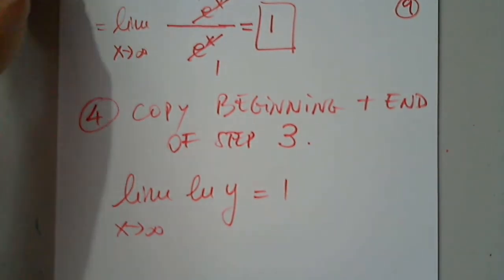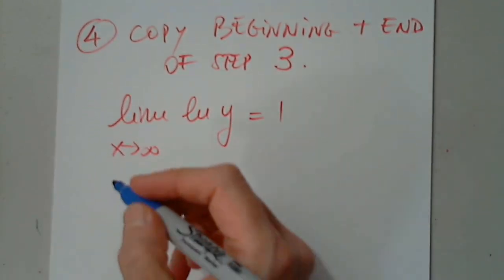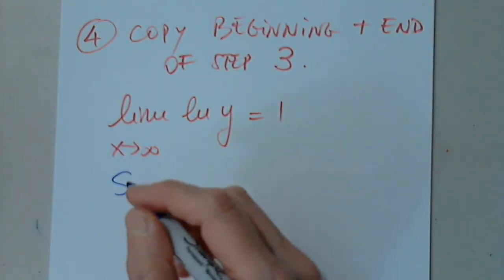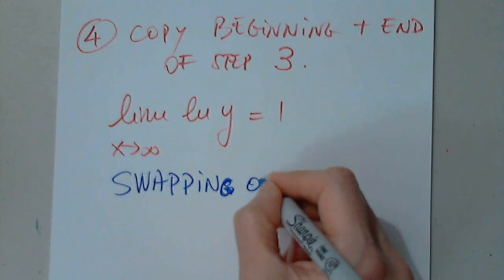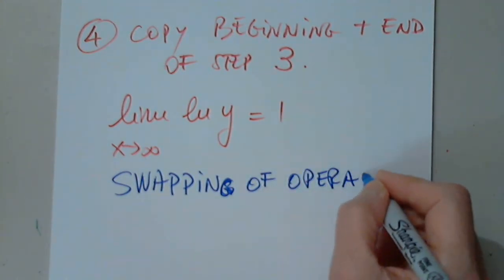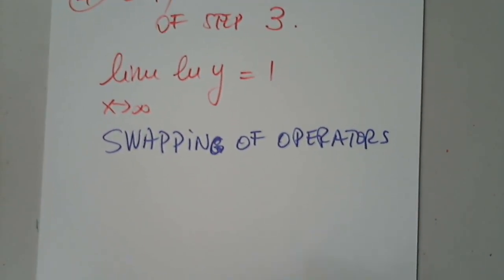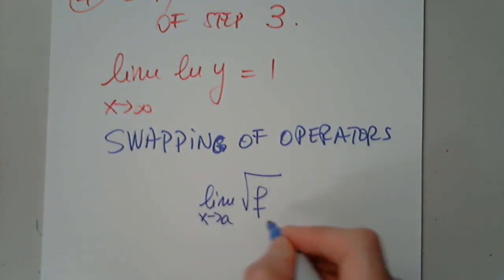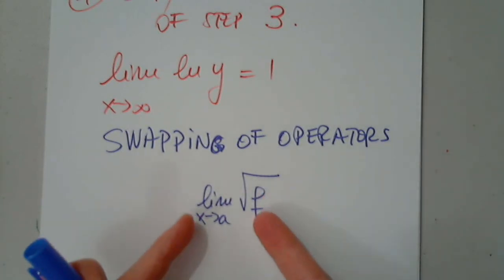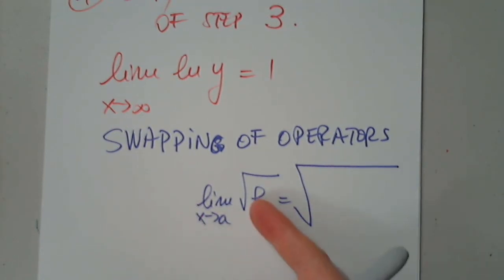We talked about in chapter 2, under continuity, there was a theorem called, it's not called that, I like to call it swapping of operators. Let me remind you that we used it, but we didn't talk about it. When we took the limit of the square root of a function as x approaches a, we said if the function is continuous, we can swap the operators, put the square root outside and the limit inside.